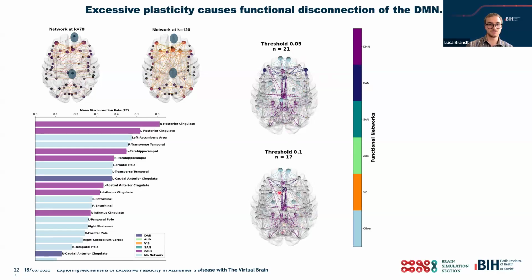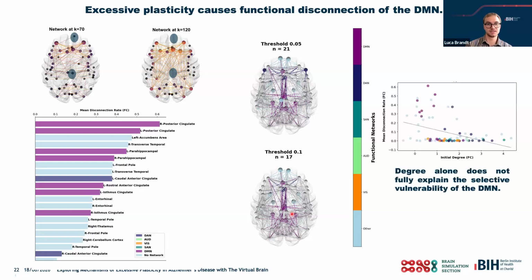But at a higher threshold of disconnection rate, you see that they mostly spatially overlap with the default mode network. And then we can ask, okay, why is it the default mode network? Does it have some intrinsic properties?